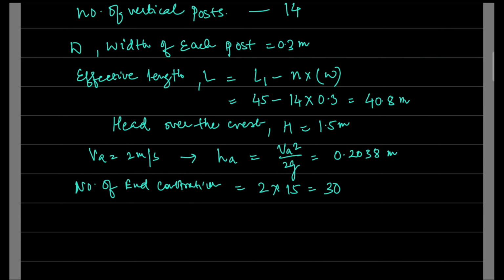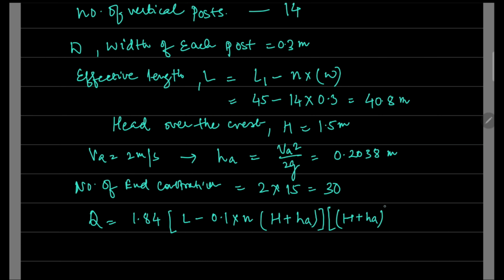Using the Francis formula for the estimation of Q, Q is equal to 1.84 multiplied by L minus 0.1 multiplied by N multiplied by H plus HA, and then again in bracket H plus HA raised to the power 3 by 2 minus HA raised to the power 3 by 2.